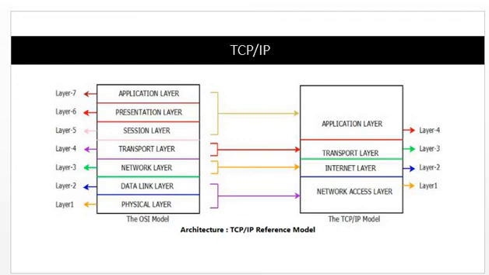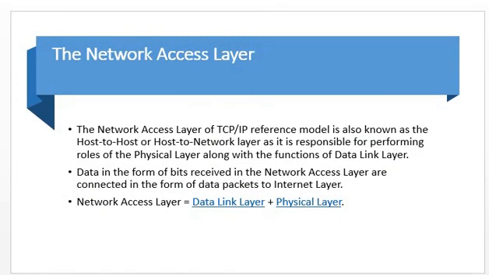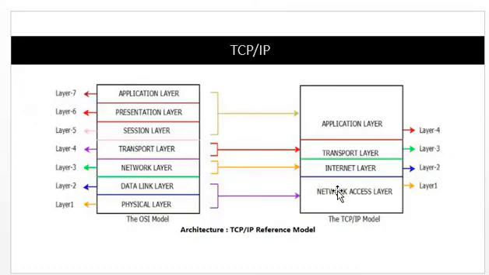So let's look at the layers of the TCP/IP model. First, we look at the network access layer, which is this one.